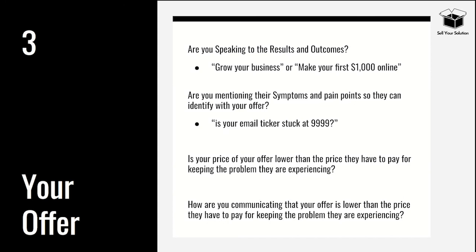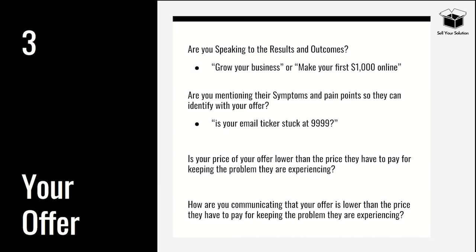Chances are, if you're in the first department, grow your business, it's not specific enough. People don't know what the return on investment is because they don't know what it means. Grow your business by how much? 10%, 15%, 50%? And what's the business to begin with? They can't put a price on it. They're not going to be able to make a decision.